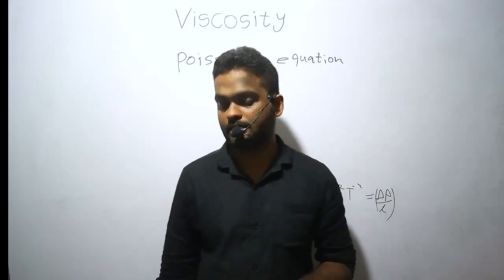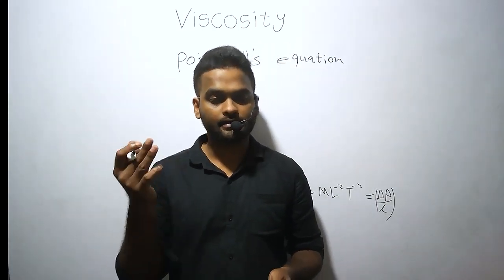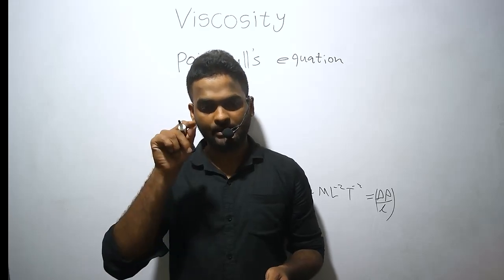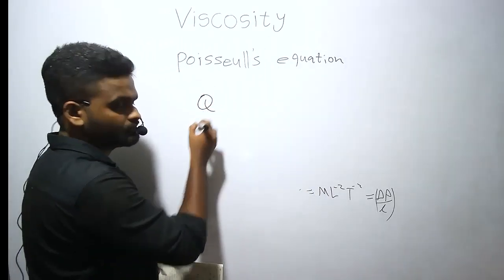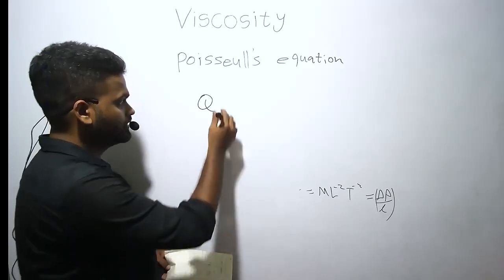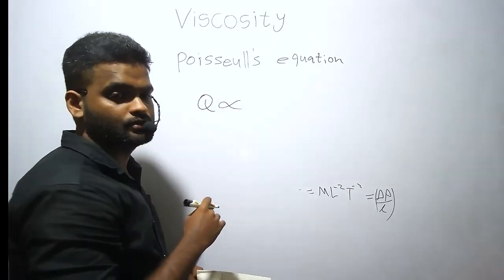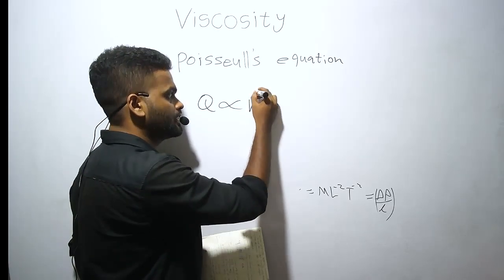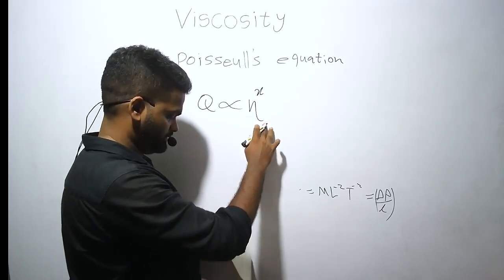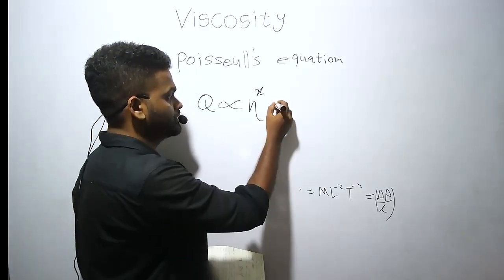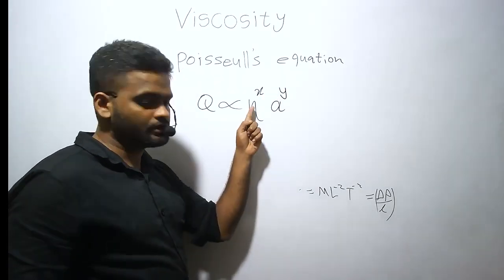According to Poiseuille's equation, the flow rate, we denote that as capital Q. Q depends on what? They say it is proportional to the viscous coefficient, right? Then what? Radius. But we don't know the power of that, right?